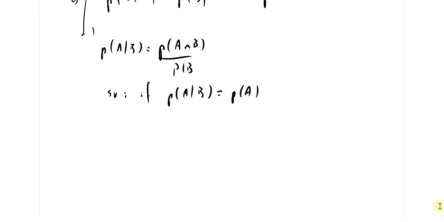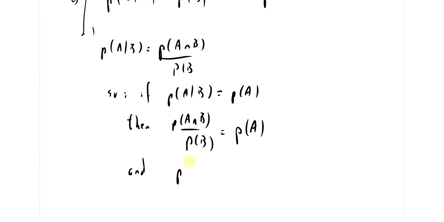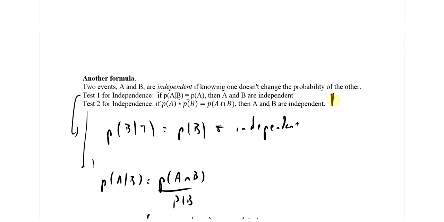So if these are independent, then that means that the probability of A intersection B over the probability of B equals the probability of A. And finally, we get our formula. So that's a test for independence. If you want to test if two things are independent, take the probability of the first times the probability of the second and see if that's the probability of the intersection. So we have two different tests for independence depending on how you want to do that.